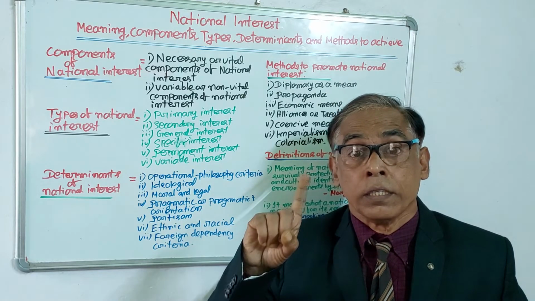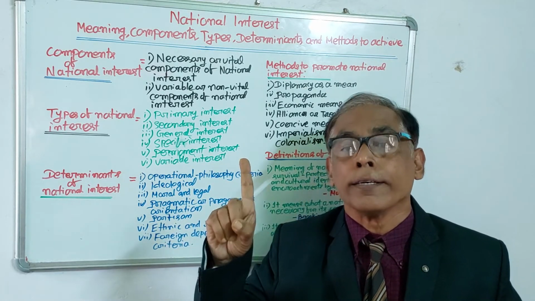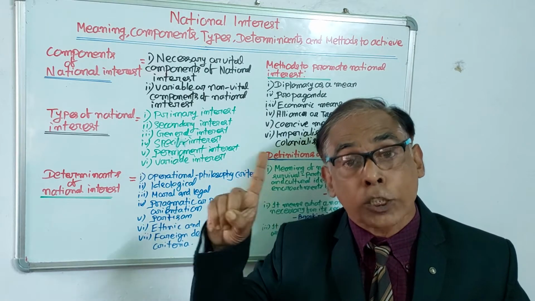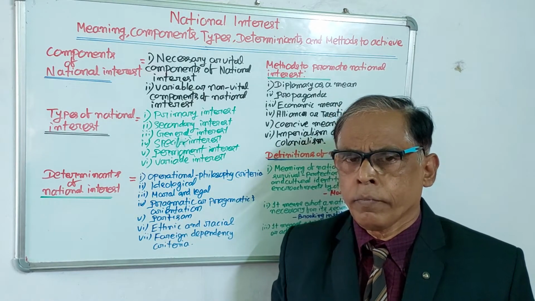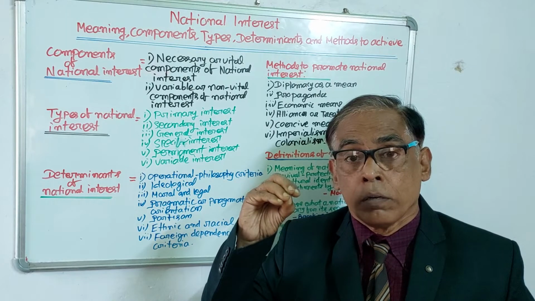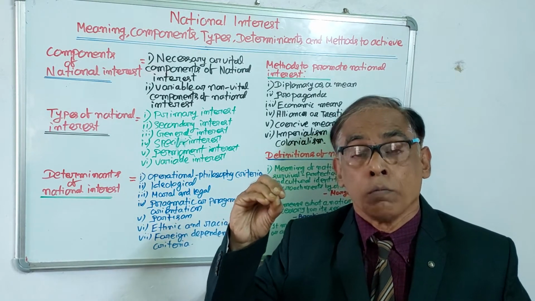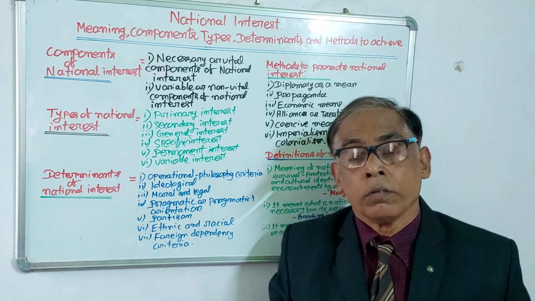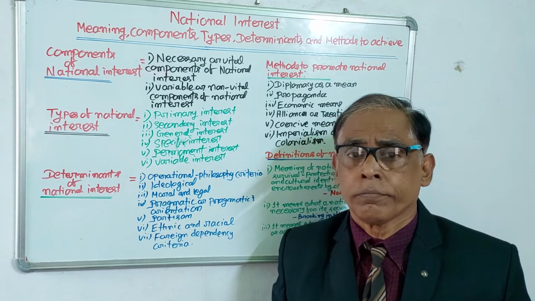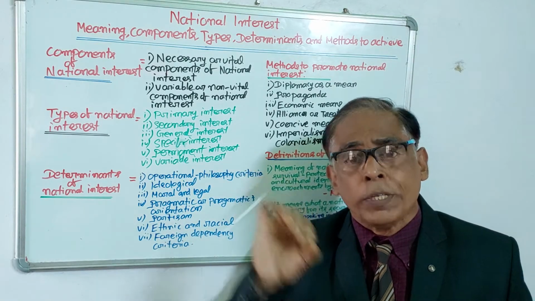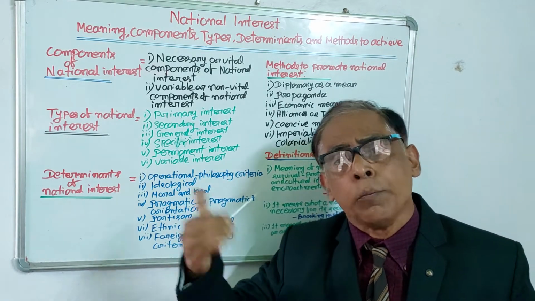It means it will not act immorally. It will not exploit any country. It must fulfill its assurances. It should keep up its promises. It should act in a moral way.